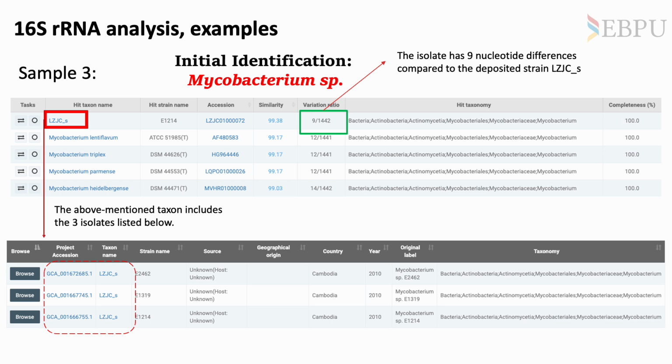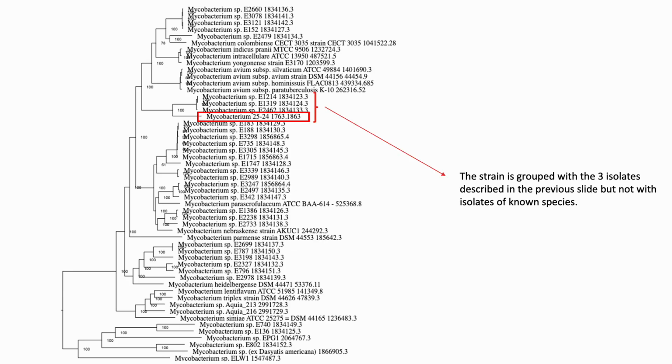So our initial identification was Mycobacterium species, and in the phylogenetic tree that you can see here, it does not cluster with any reference strain from known species, as we expected from the 16S analysis, because we haven't seen any hits with 100% similarity.